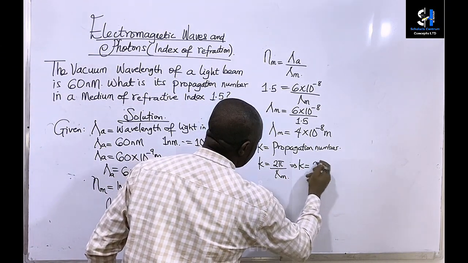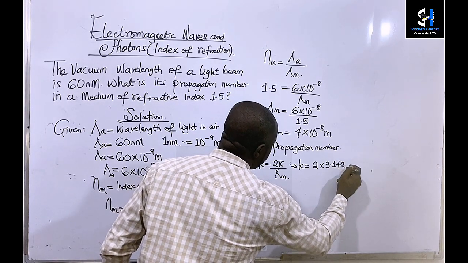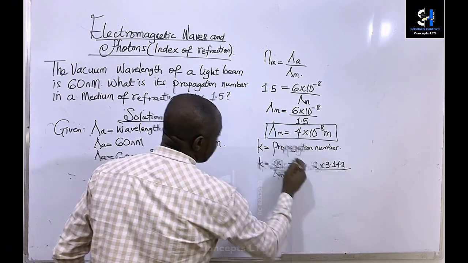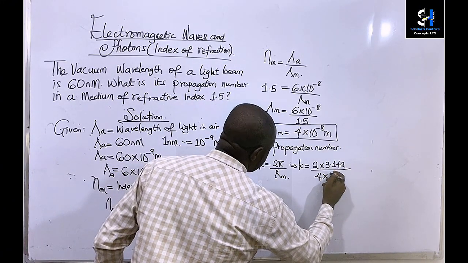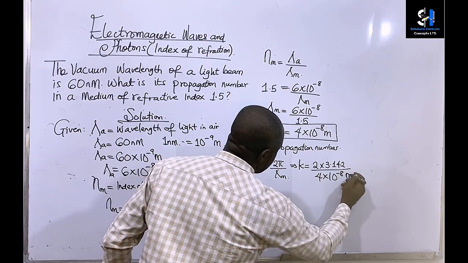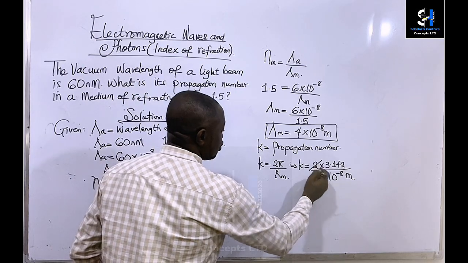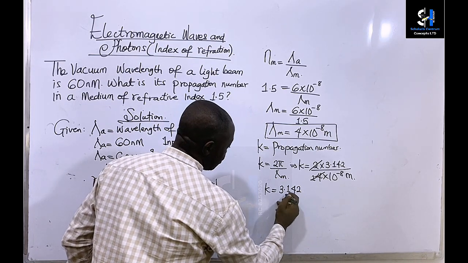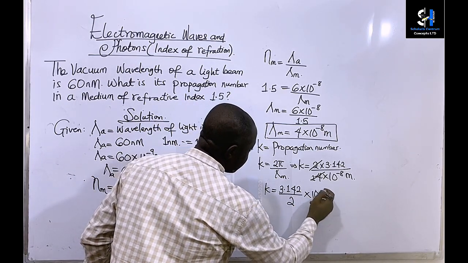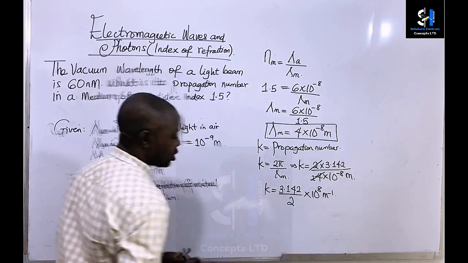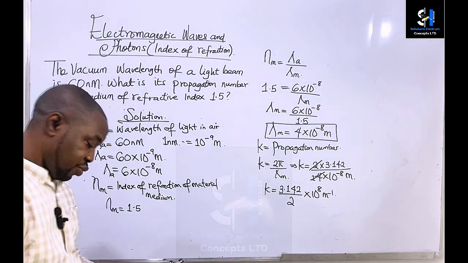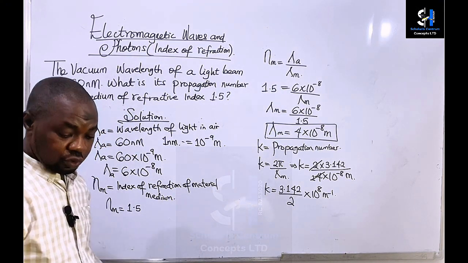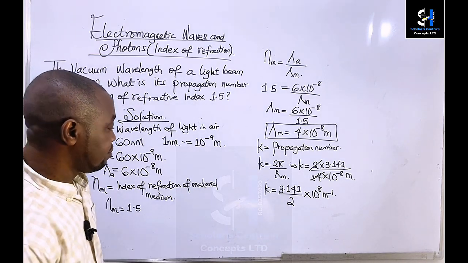K equals 2 multiplied by 3.142, divided by the wavelength of the material medium, 4 times 10 raised to the power of minus 8 meters. 2 out of 4 is 2, so K equals 3.142 divided by 2, times 10 raised to the power of 8 per meter. 3.142 divided by 2 is 1.571.